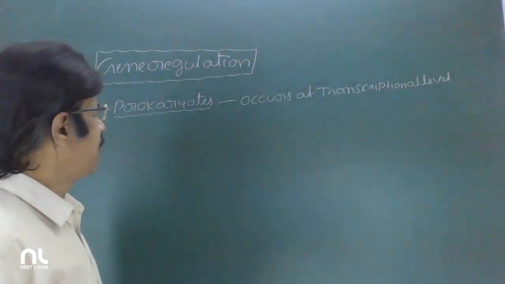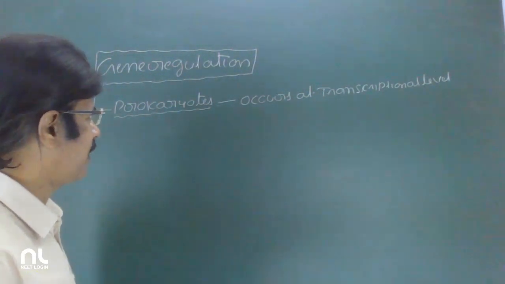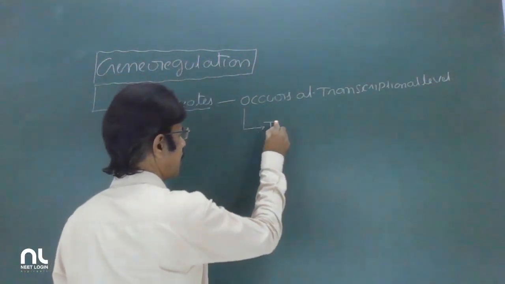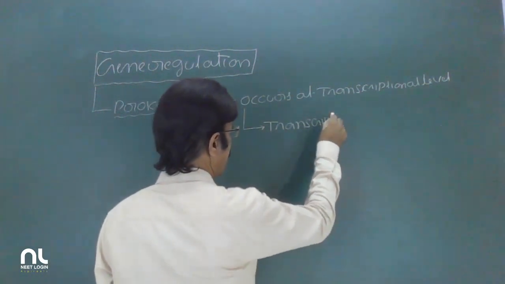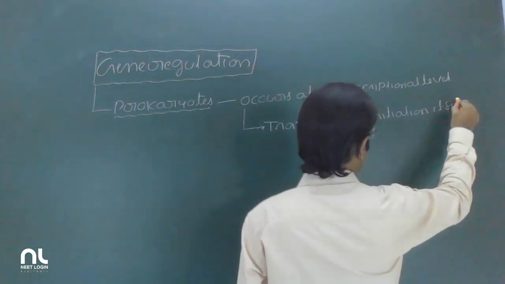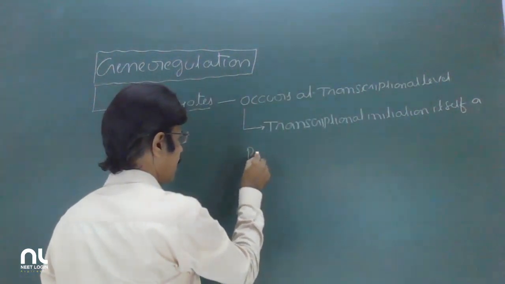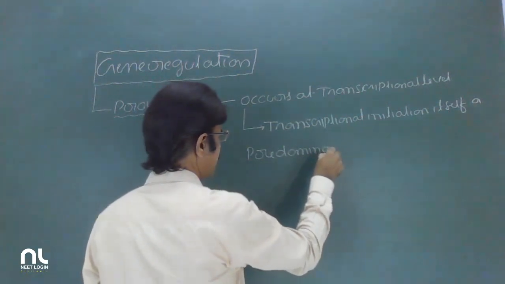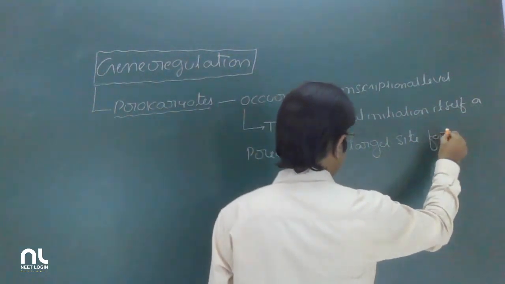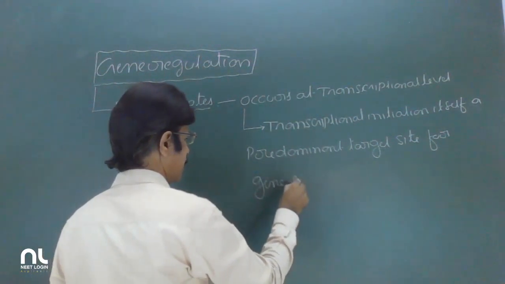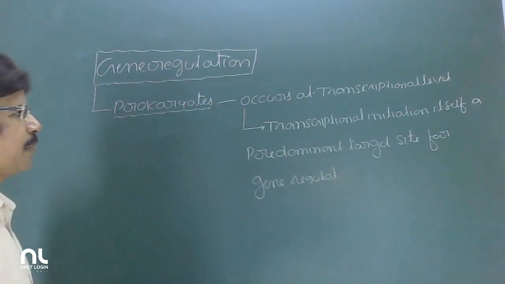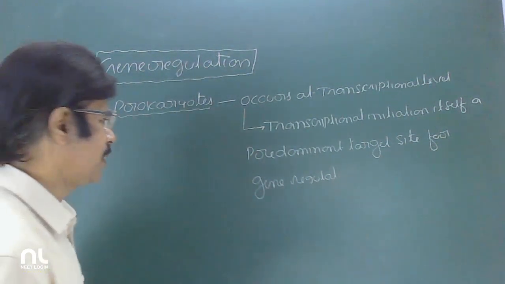So in prokaryotes, gene regulation occurs at the transcription level because transcription initiation itself is a predominant target site for gene regulation.